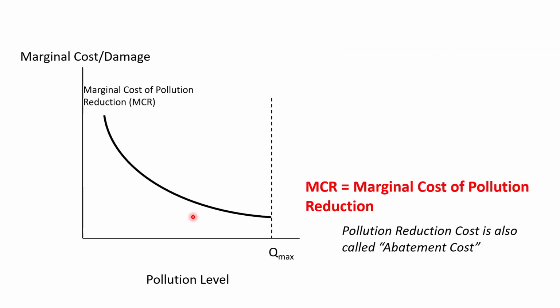Now, on the other side of the curve, we have the marginal cost of pollution reduction. This is downward sloping from left to right. Or let's read it from right to left, I think it's more intuitive. What this means is, starting from Q max, the first few units of pollution reduction are relatively cheap.